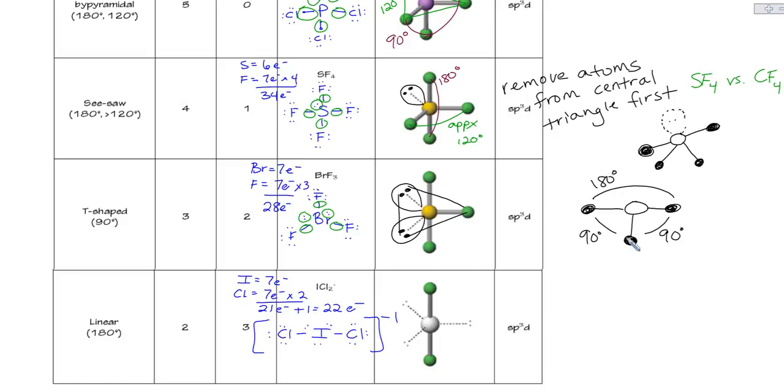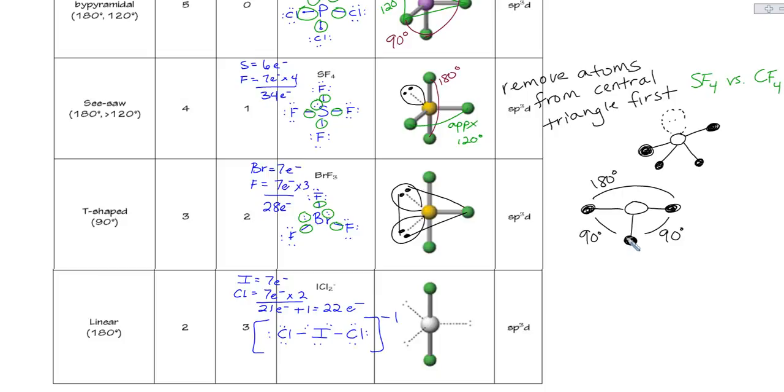So I added the electron count to 21, but the -1 charge means to add 1 electron for a total of 22. Now technically chlorine and iodine can both take extended octets. So if you have to make a decision, extra electrons go to the central atom.